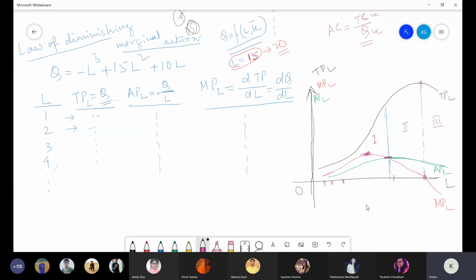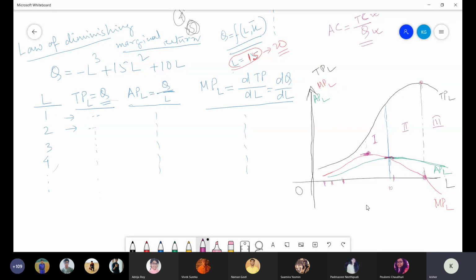You have applied 1 additional unit of labor. Corresponding value of average product, you calculated it out. And you realize that in comparison to my previous average product, present average product is less. Meaning is previous unit of labor, up to this level of labor, when I apply, I got the maximum average product. Suppose a hypothetical value, do not try to tally because you will get a different value.